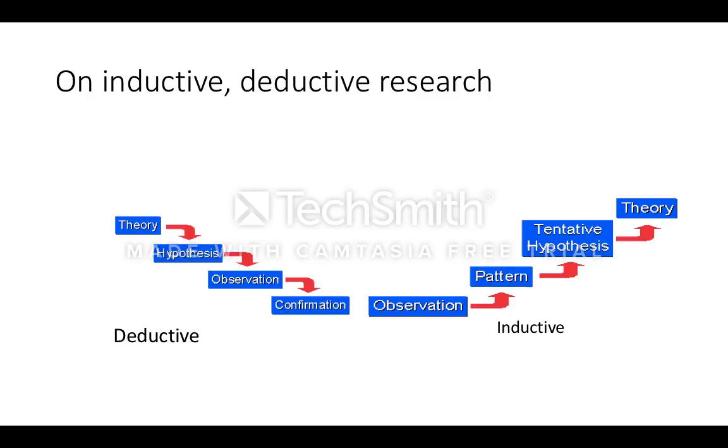So in inductive research, we're starting with our observations, what we're seeing in front of us, or our data. We're looking for patterns in that data, coming up with a hypothesis, and using that to develop a theory. In deductive research, we're starting with a theory, and we're collecting data in order to prove or disprove our theory.